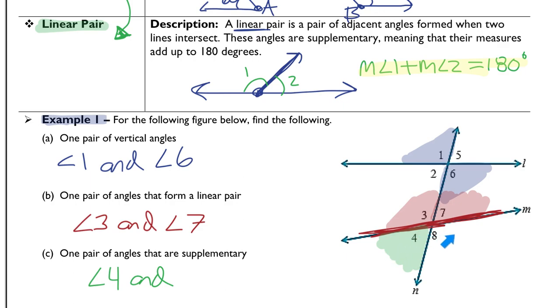Well, again, we could just go here and make this a linear pair, which are supplementary, 4 and 8. But we could also do 3 and 4. So I'm just going to highlight angle 3 right here to be that line or that supplementary angle. So angle 3 and angle 4, it doesn't matter which way you say it, but those would be supplementary or also a linear pair.